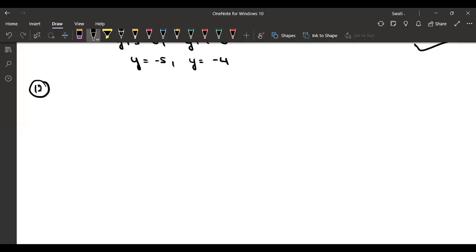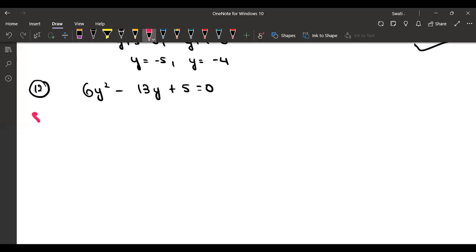So in the 12th question, we have 2y square minus 9y. Okay, one second. This is the same question. Let me erase this. Okay, so the question was 6y square minus 13y plus 5 is equal to 0.